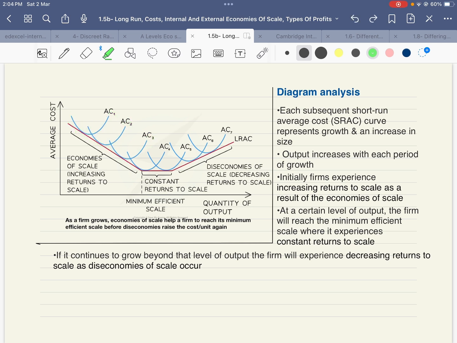Till a certain output is achieved, the firm enjoys economies of scale where costs are lowered, then it stays in a constant returns to scale situation, and then as the company grows beyond this point, they will start to experience declining returns to scale as well as diseconomies of scale. The entire explanation says the same thing.